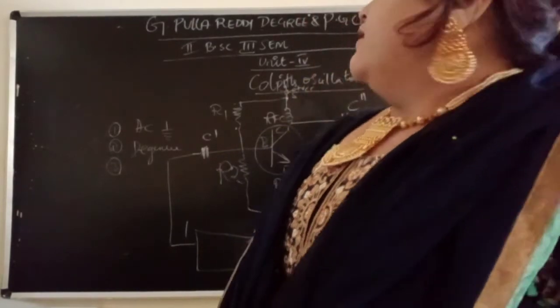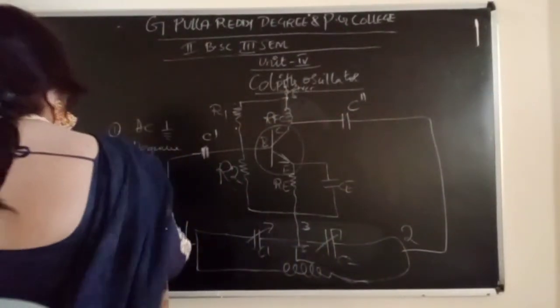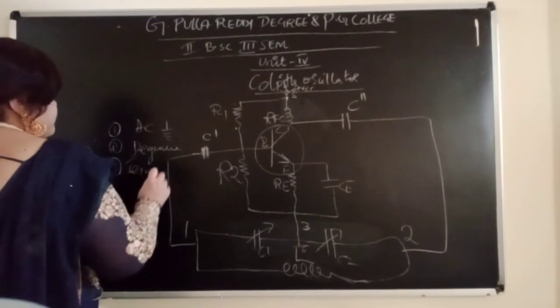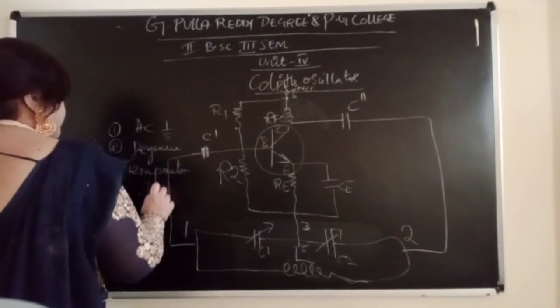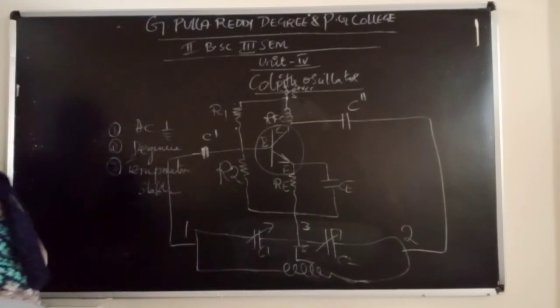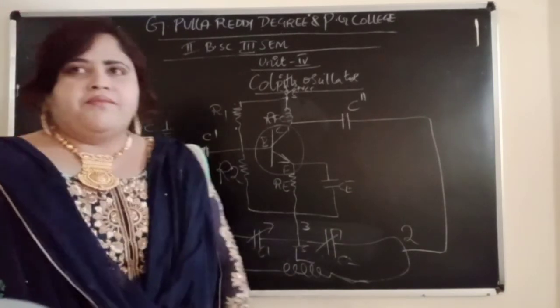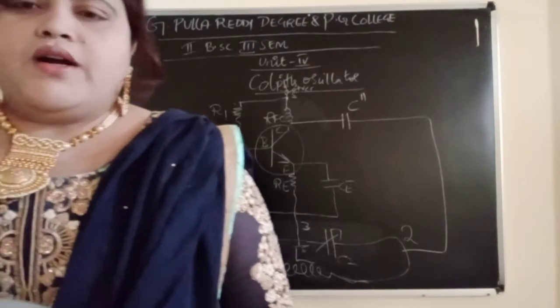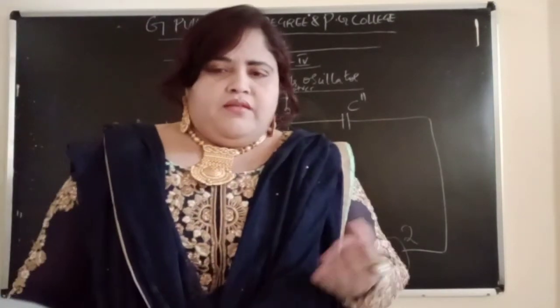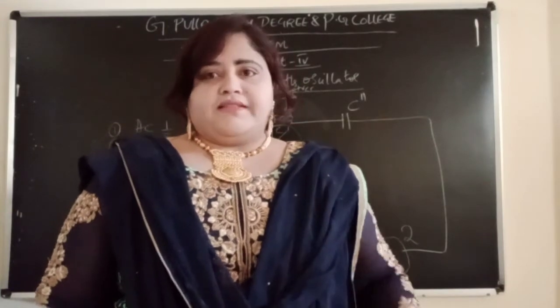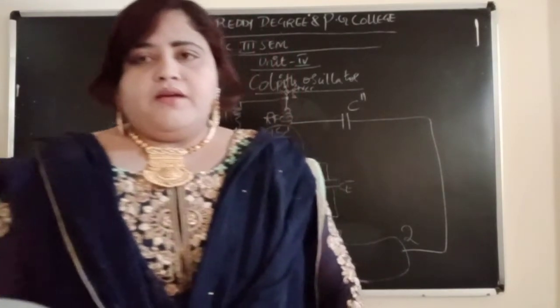Then third, temperature stabilization. Okay, then the temperature will be stable here. So what are the three important tasks CE is doing? It will ground the AC.